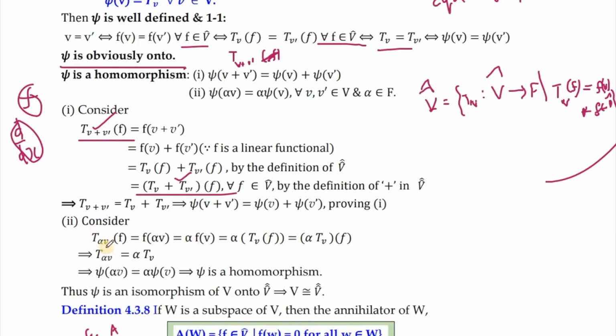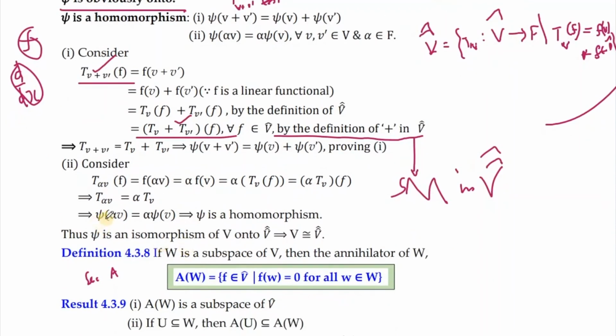Now in the same way, T suffix alpha V of F is F of alpha V by this definition, and F is a linear functional, so alpha comes out, and this is nothing but alpha times TV of F, by the definition of scalar multiplication in V double cap.